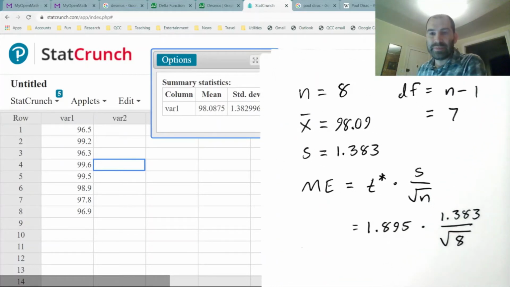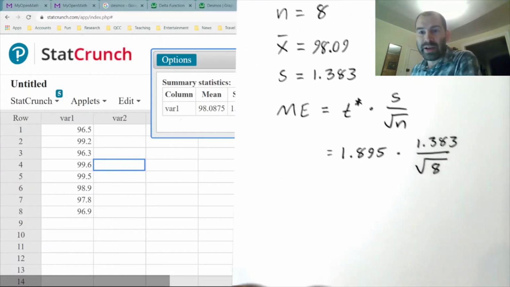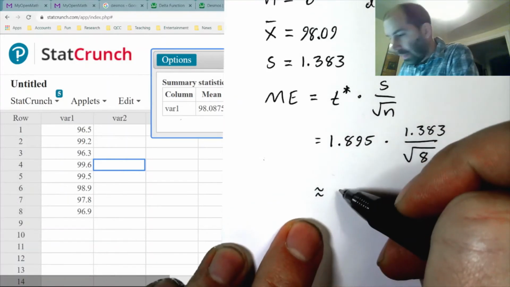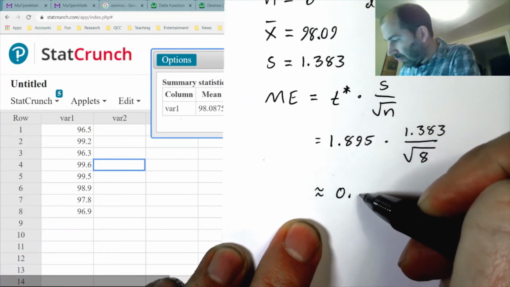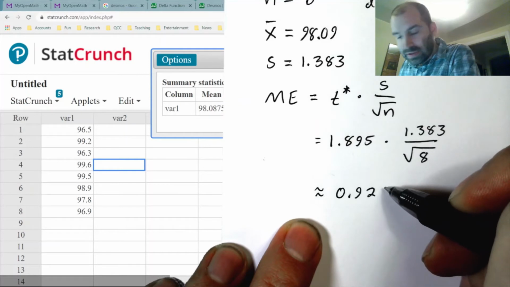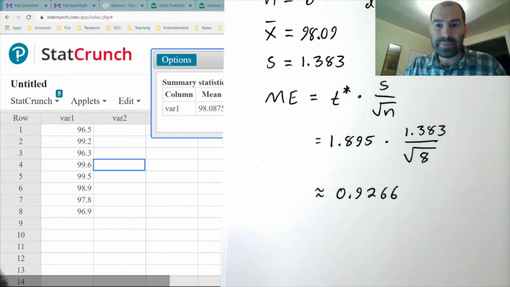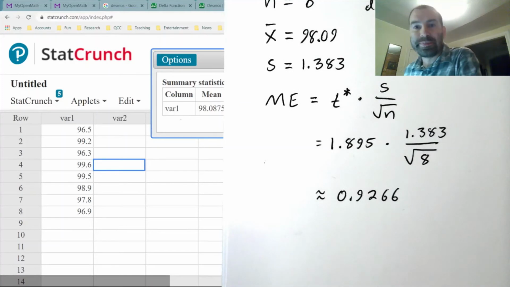Okay? So now I can compute the margin of error for my confidence interval. I get 0.9266. Okay, so that's my margin of error.